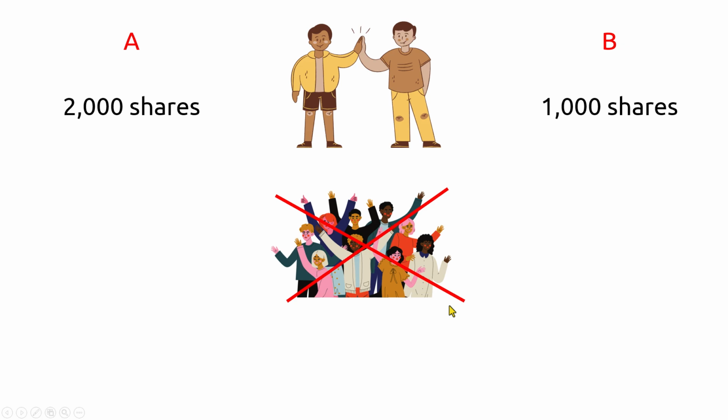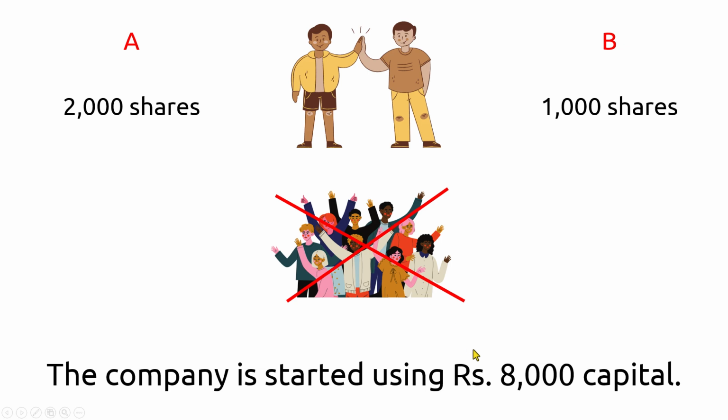Now the company is started using 8,000 rupees capital. They needed 10,000 rupees, but they were able to arrange only 8,000, and so they decide to start using 8,000 rupees only. Maybe less machinery, less workforce, or less production.